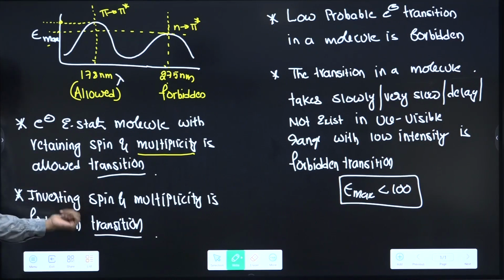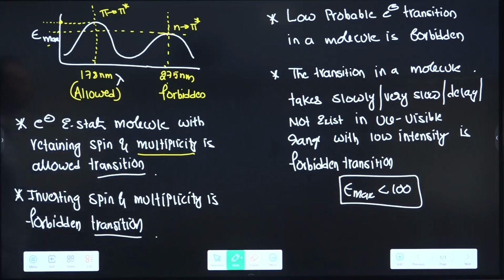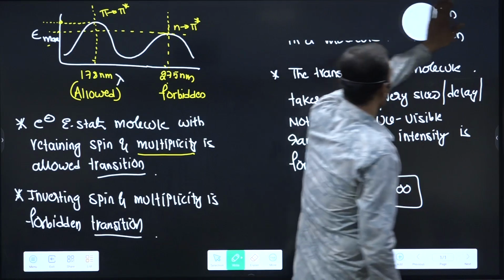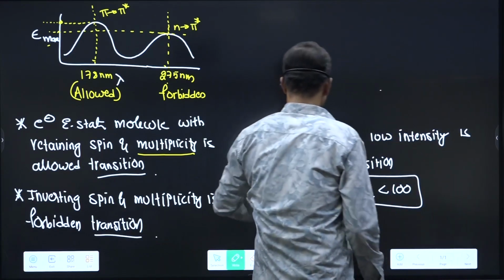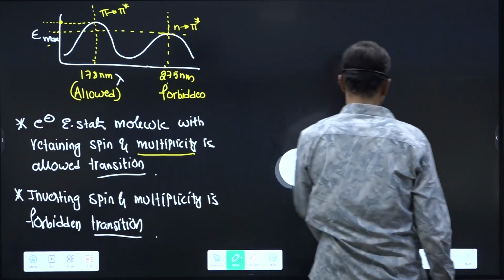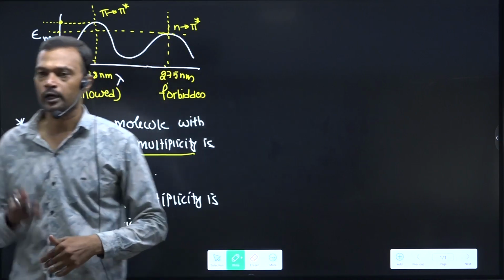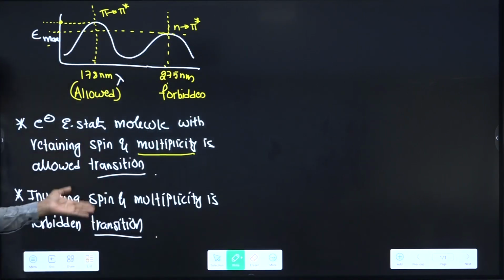If it is singlet to triplet, not possible, clockwise to anti-clockwise, not possible. So forbidden means singlet to triplet, allowed means singlet to singlet. Only two possibilities: allowed and forbidden. Retaining spin and multiplicity, the most probable electronic transition with high intensities, all are allowed.